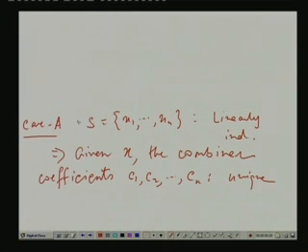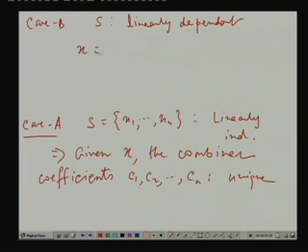case B, S is linearly dependent. Now, we are already given this, suppose x equals C1 x1 plus C2 x2 plus dot dot dot Cn xn.